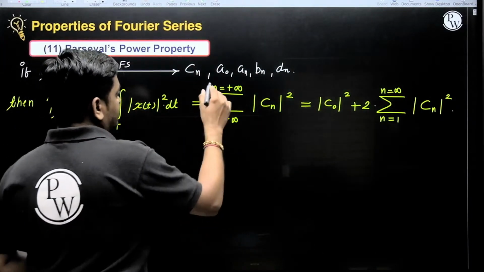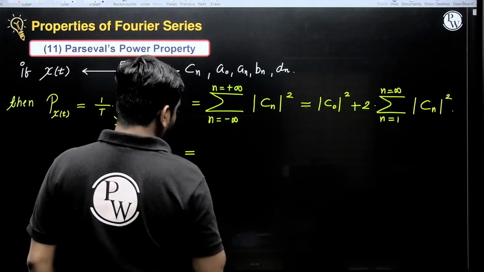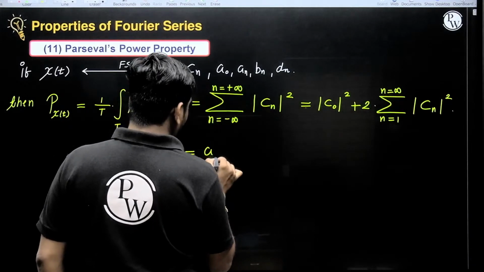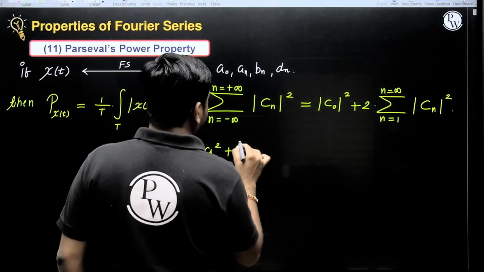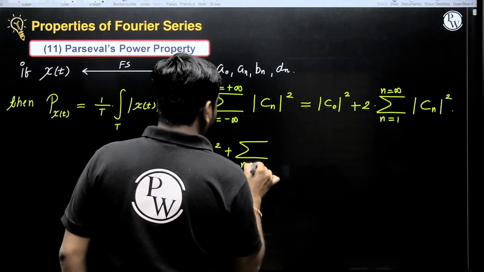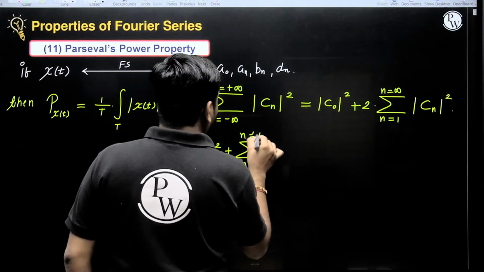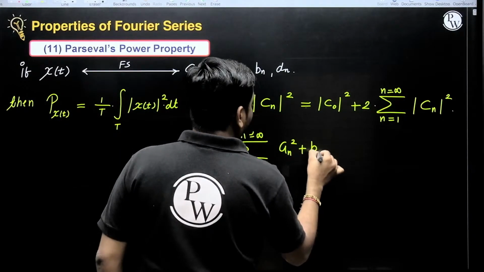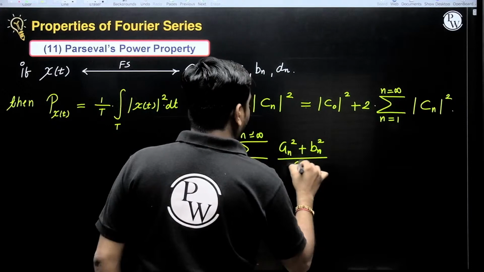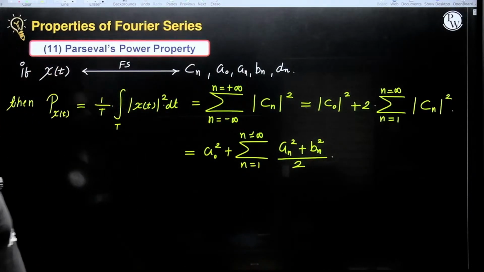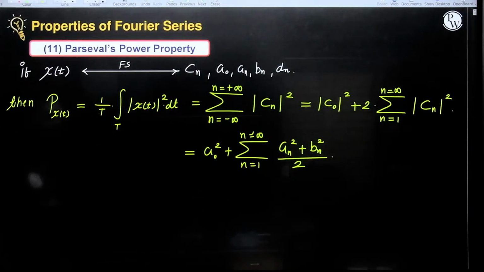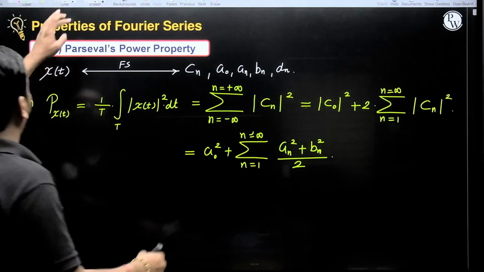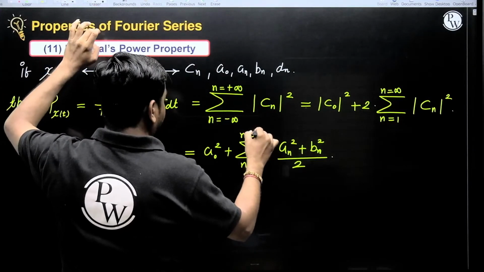Now using a0, an, bn also we can get the same power: a0 square plus summation n from 1 to infinity of an square plus bn square divided by 2. Okay, an square plus bn square divided by 2.